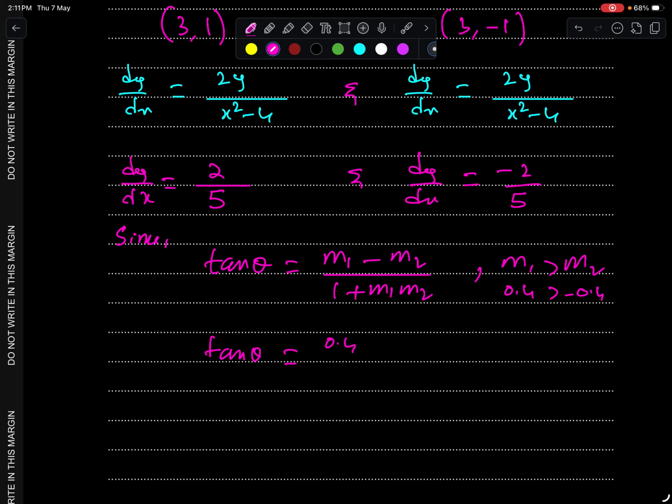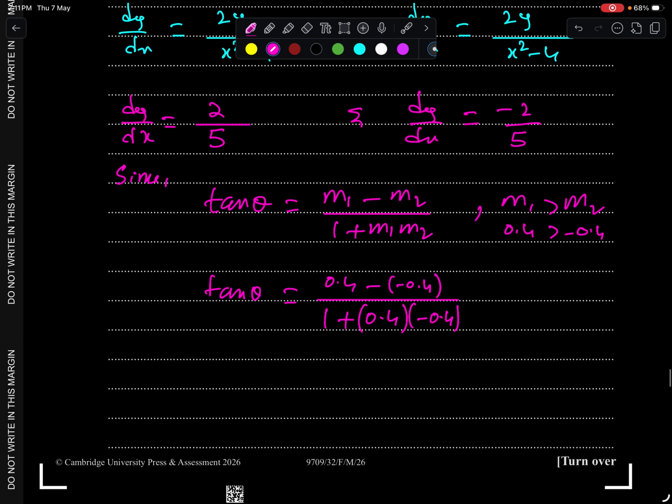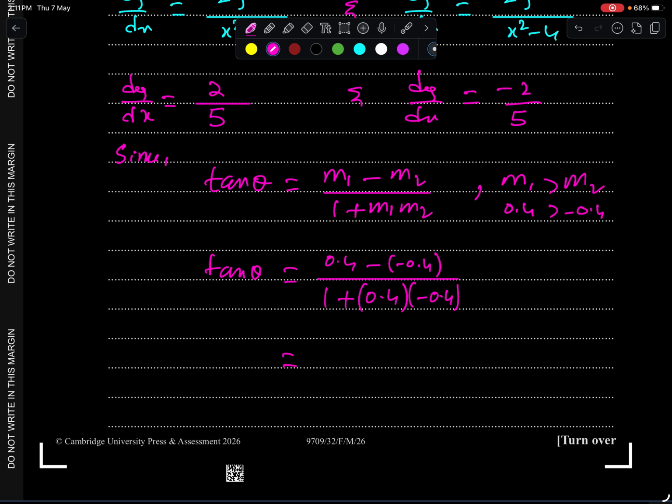So 0.4 minus minus 0.4, over 1 plus 0.4 times minus 0.4. So in numerator we have 0.8, in denominator we have 1 minus 0.16, which is 0.84.